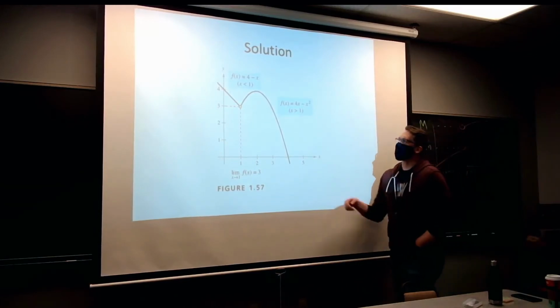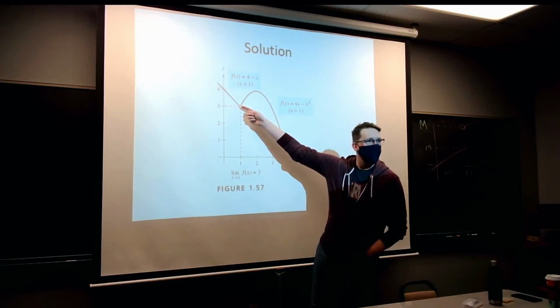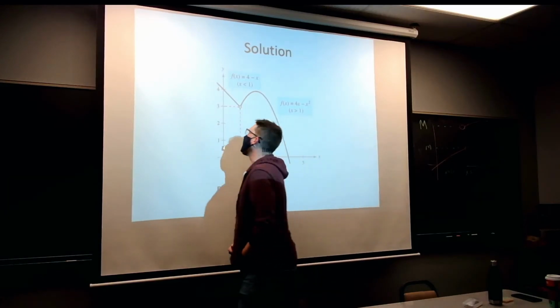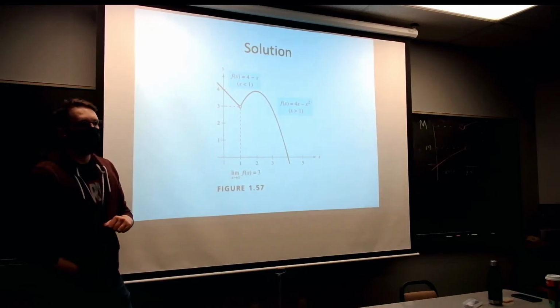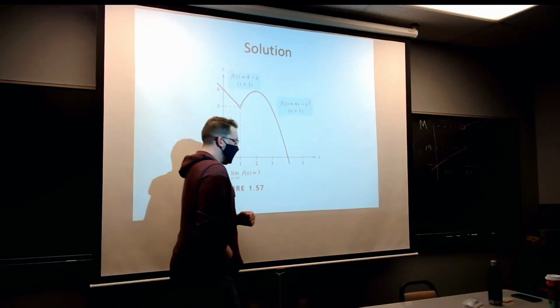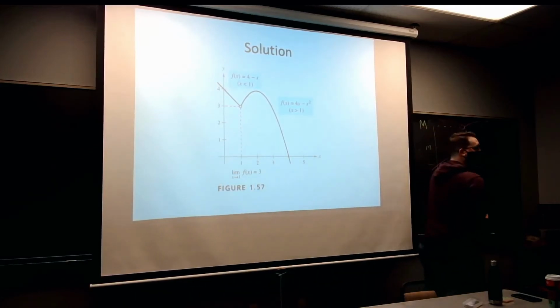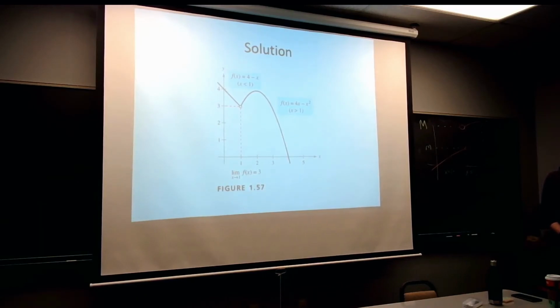And the reason why it's 3 is because as we move towards 1 from the right, we approach 3. And as we move towards 1 from the left, we get close to 3. Does that make sense? Am I just confused because I don't know the properties? I'm really confused on how you're solving.